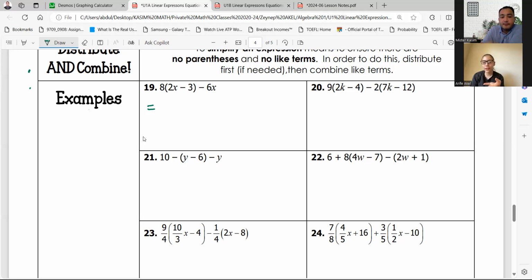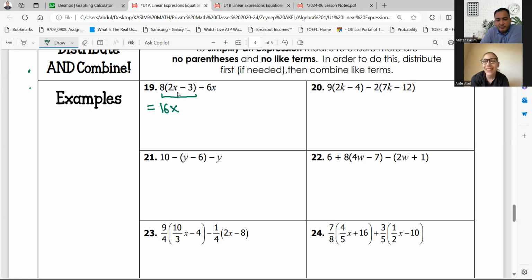Are we just gonna times it like we did on the top? First, we open the parentheses, then simplify. Okay, so 8 times 2x. 8 times 2x, right? First, we have to expand this part. What is it? 16x.